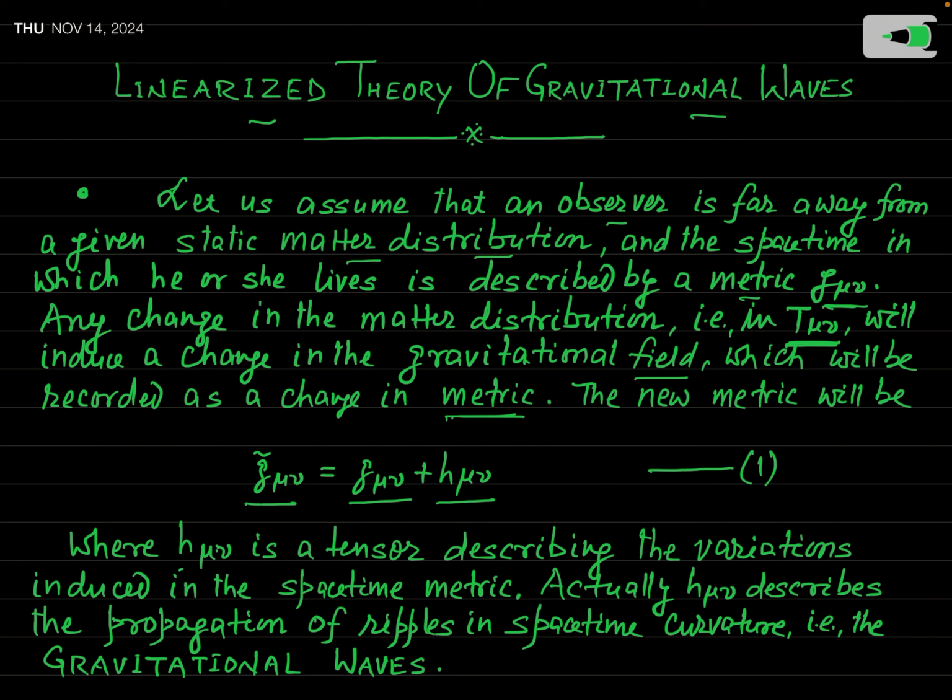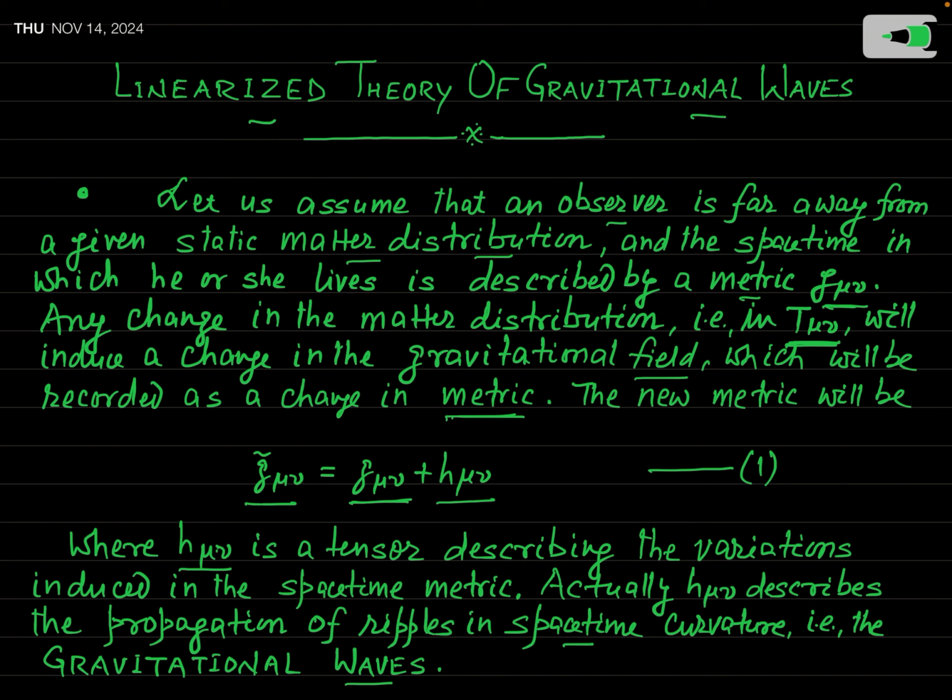So this h mu nu is actually a tensor which describes the variation induced in the space-time metric g mu nu. In fact, we will see later on that this h mu nu describes the propagation of the ripples in the space-time curvature. In other words, we can also say that this h mu nu causes the gravitational waves.